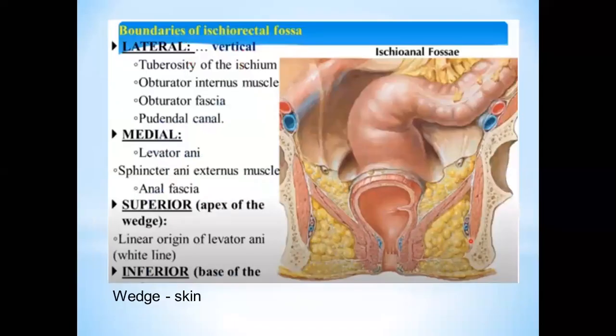It is bounded superficially by the Colles fascia and superficial layer, and superiorly by the levator ani muscle. Inferiorly it is bounded by the perineal membrane and the skin. Only the skin is there. Yes.